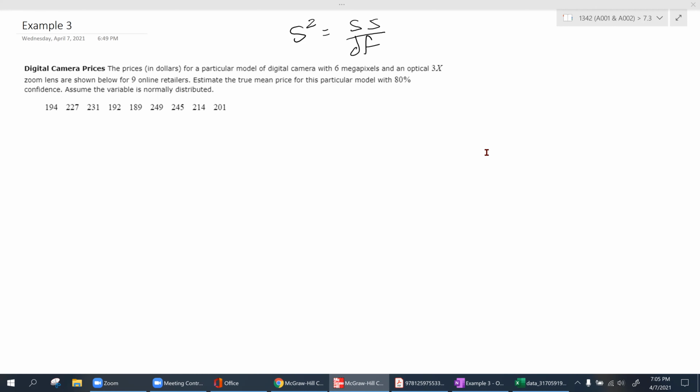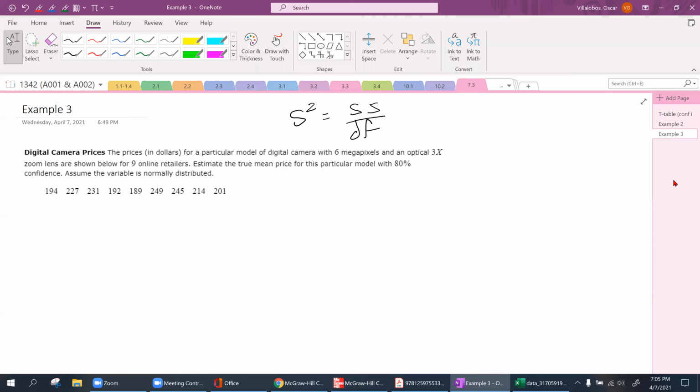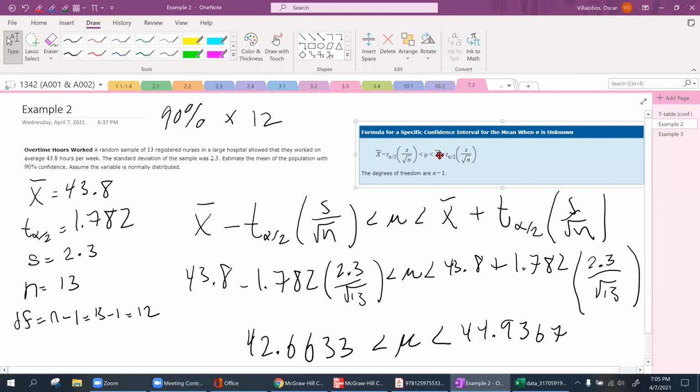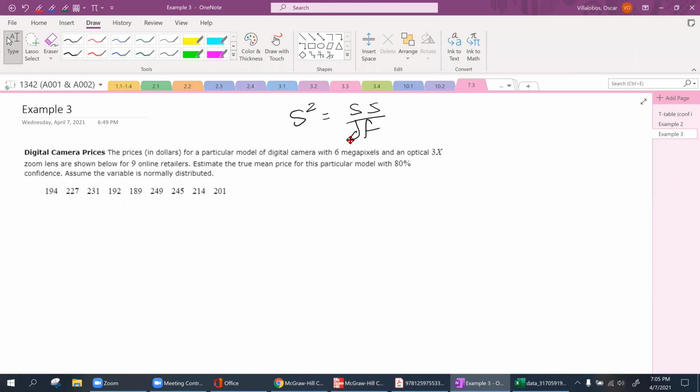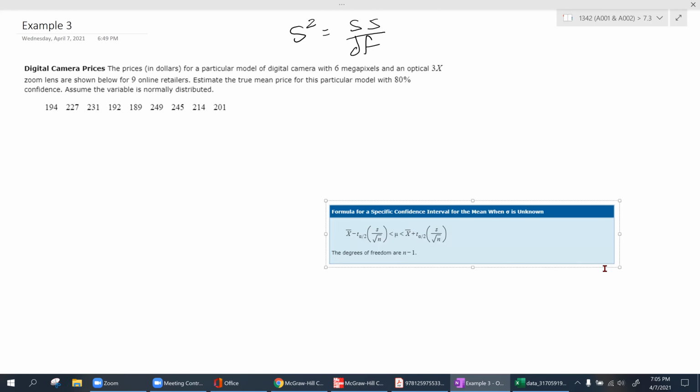So I already know I have to do it for 80%. Nothing else is given, and this is pretty much exactly what you can expect from the exam. You'll see in your homework, I'm going to give you a lot of these, and it's for a reason.